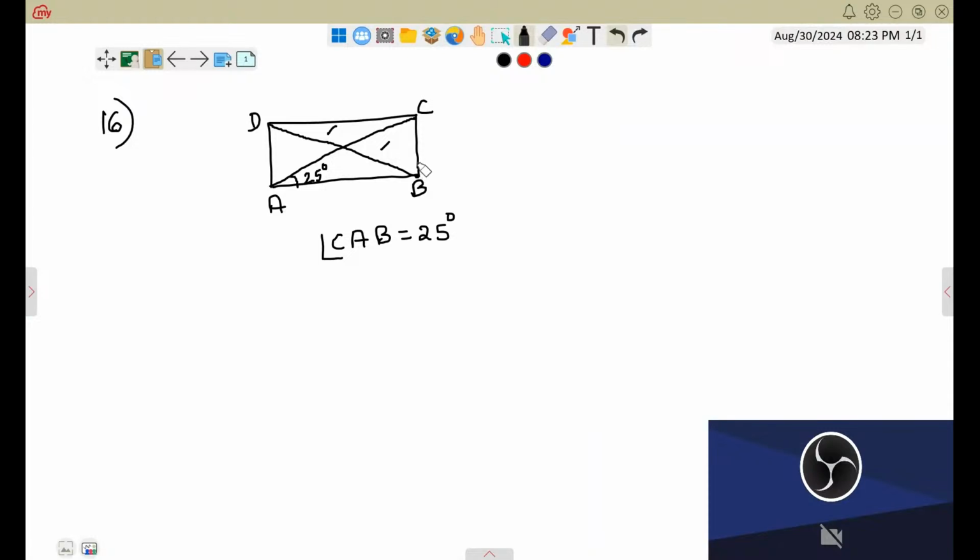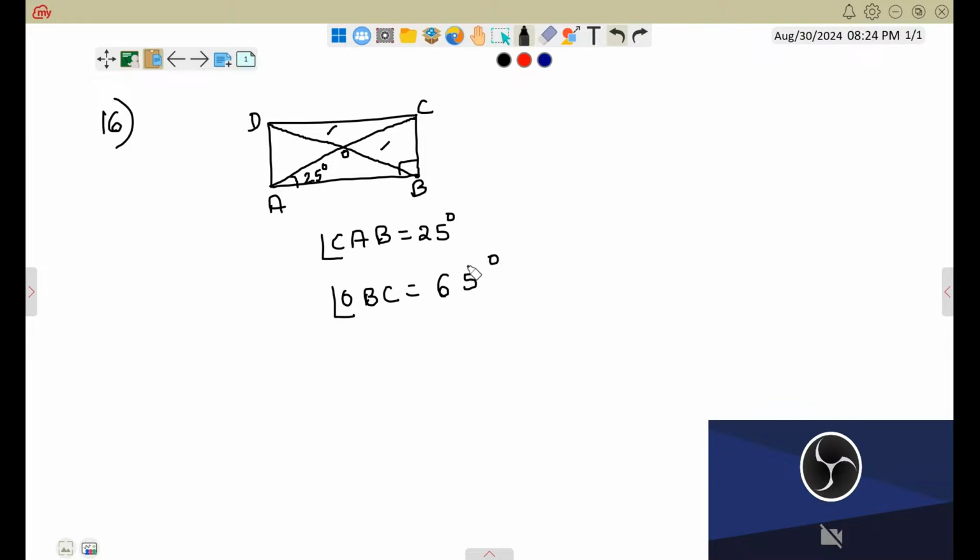And we know that in a rectangle, angle B is 90 degrees, angle C 90 degrees, angle D 90. All the four angles are right angles. So this entire angle is 90. But what is the part of it? What is the angle OBC? If O is the joining point, then OBC is clearly 65 degrees.